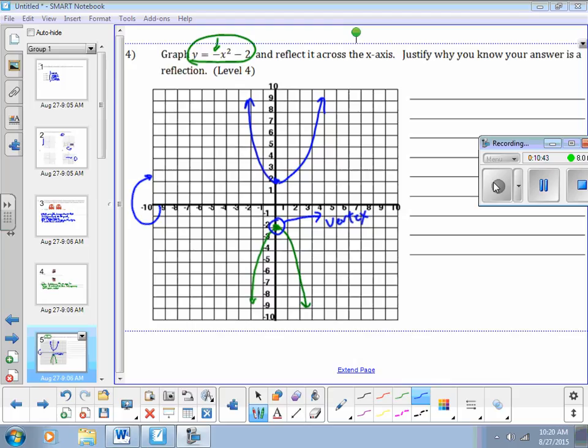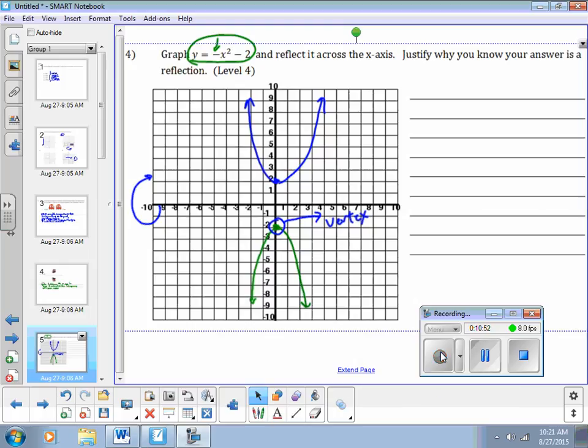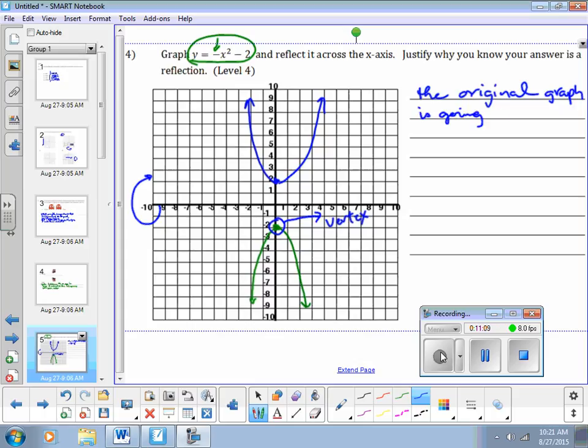It says reflected across the x-axis. We've done that. Justify why you know your answer is a reflection. So, with your mirror, the reason why you can justify why your answer is correct is because the original graph is going down with a y-intercept at y equals -2.